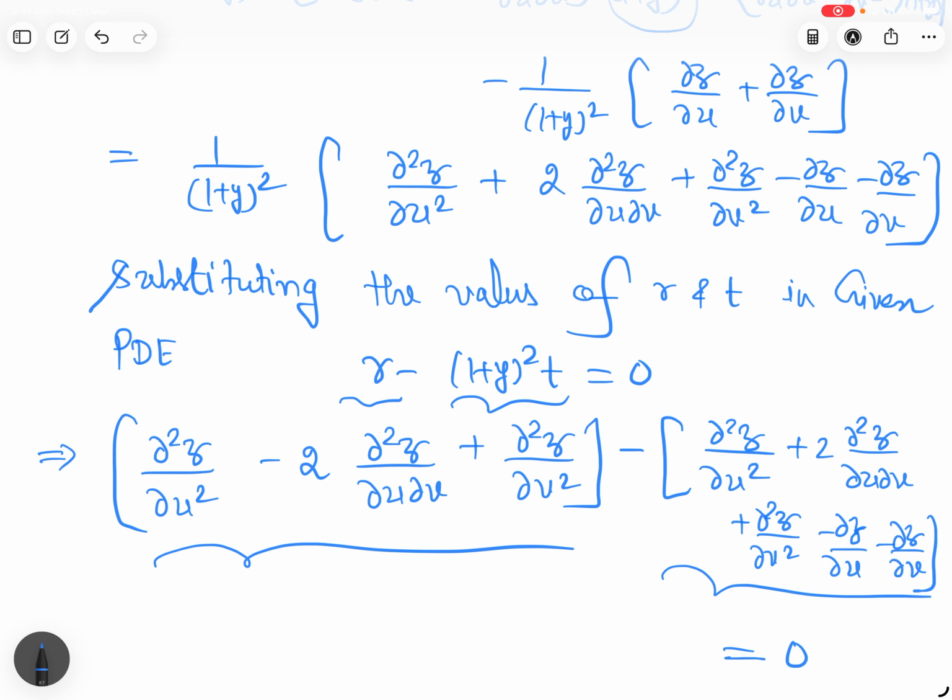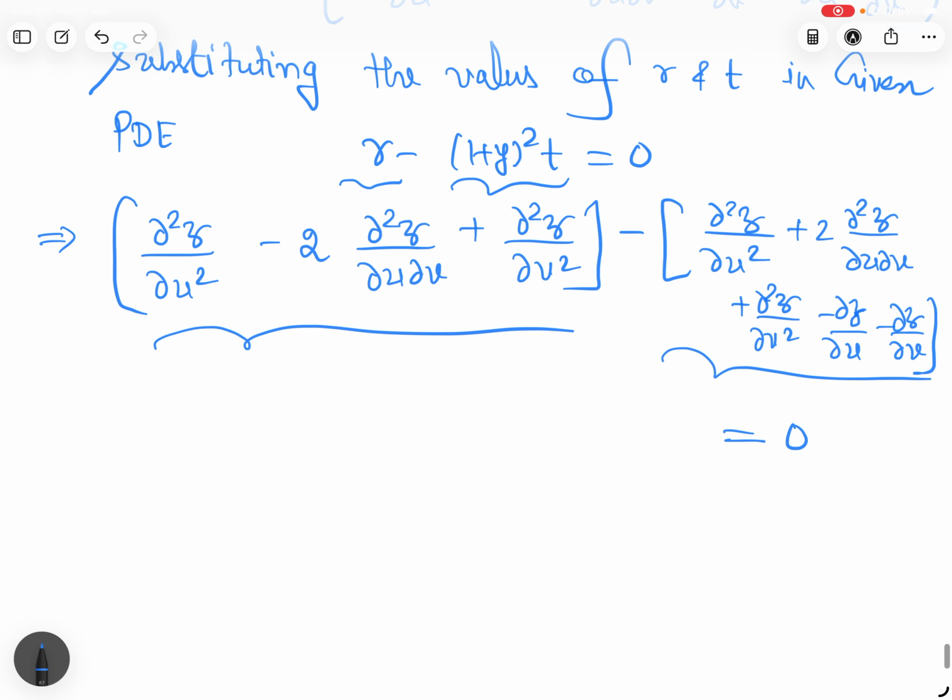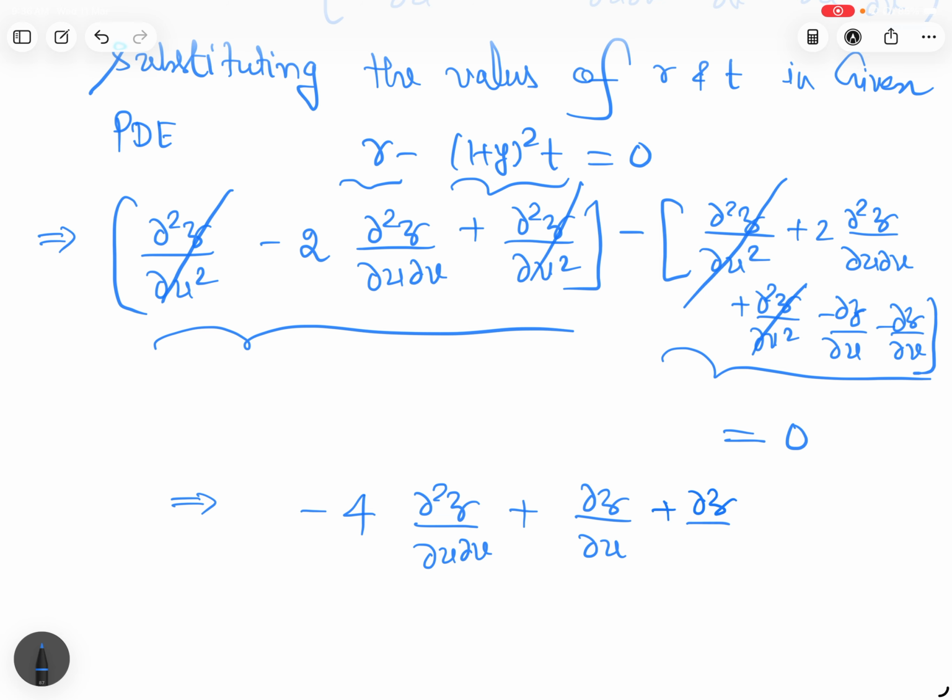Now, when there is a minus outside the bracket, this part will be cancelled out after opening the bracket. So what you get is minus 4 del to z del u del v is equal to plus del z upon del u plus del z upon del v. After solving you will get this one.